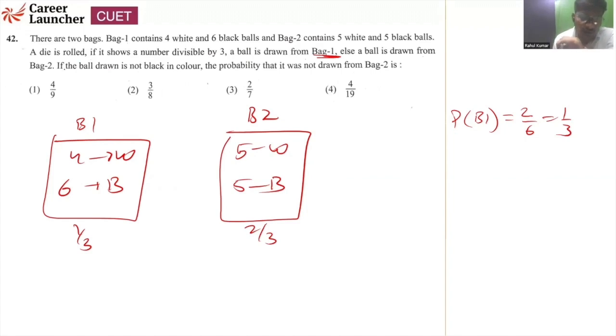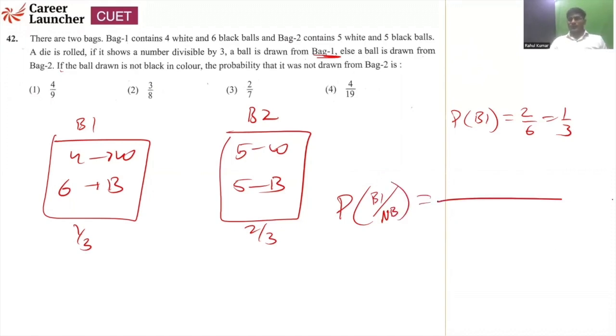Now the next thing is we need to find the probability that, if the ball drawn is not black, it is not drawn from bag 2. So we need to find the probability that the ball is white when it is drawn from bag one. So what is the probability that it will be white?